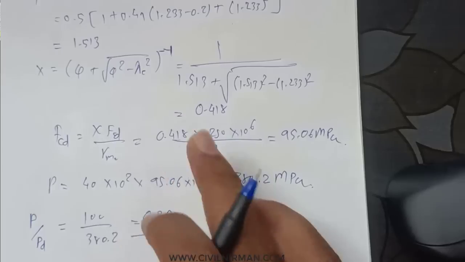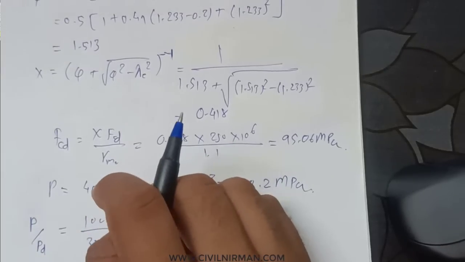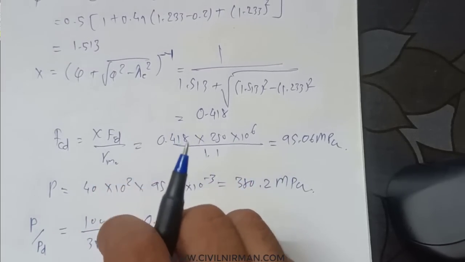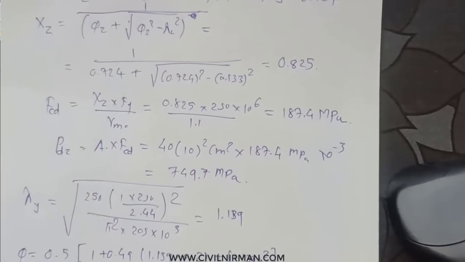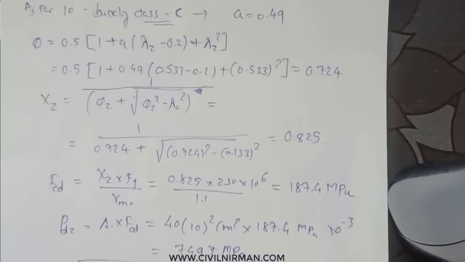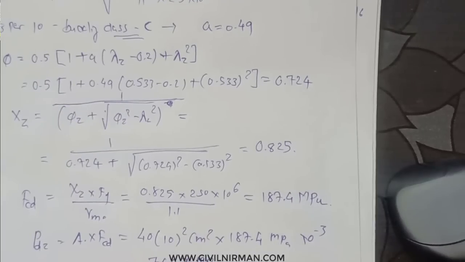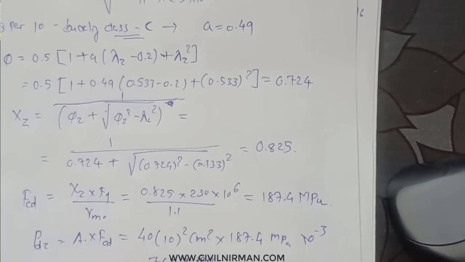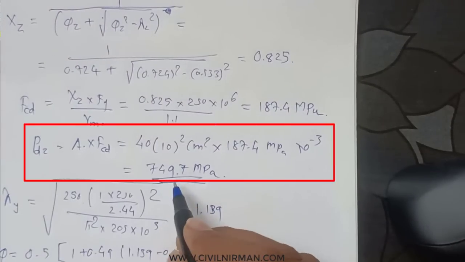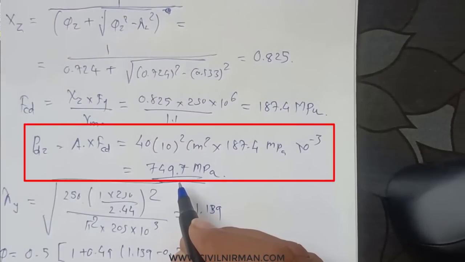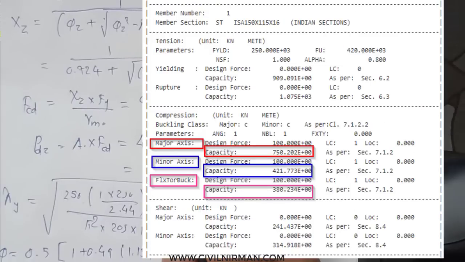Now you can compare these results, whatever the results we have got. Let's quickly go through that. The first part that we calculated is for the major axis. For the major axis, the P value we have got is 749.7. That's the actual compression capacity about the major axis.